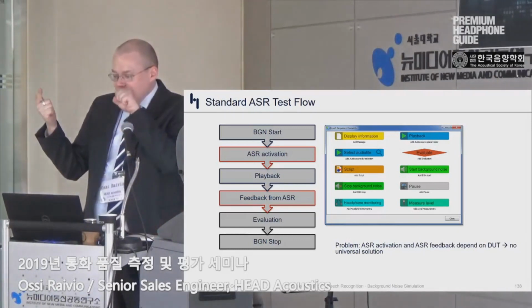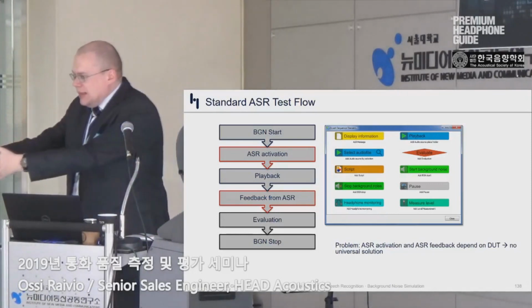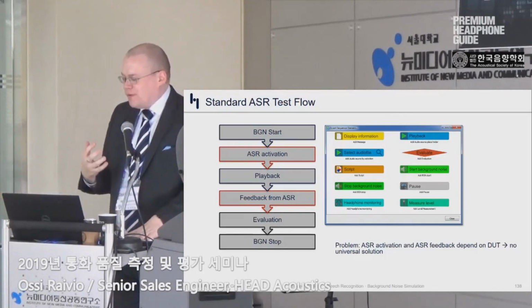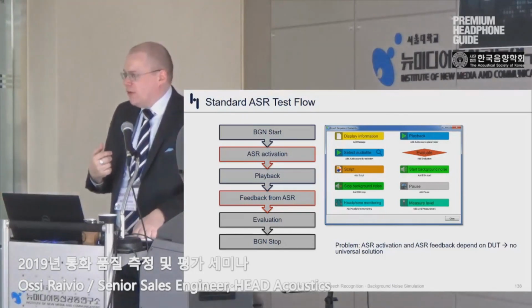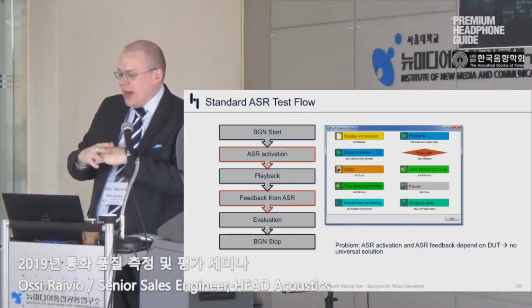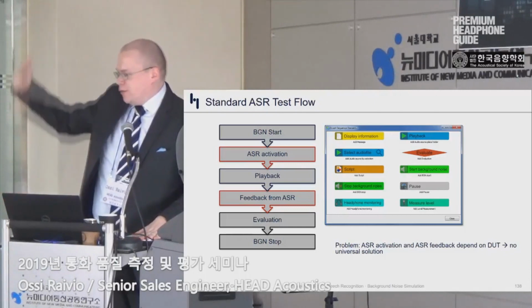Then you play back something from the mouth. Then you gather the response from the speech recognition device. Then you compare, you make an evaluation, and typically you then stop the background noise and start a new one.